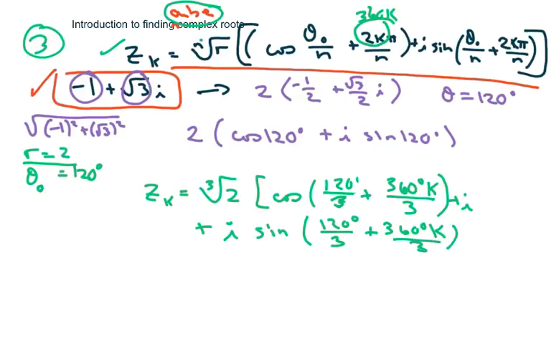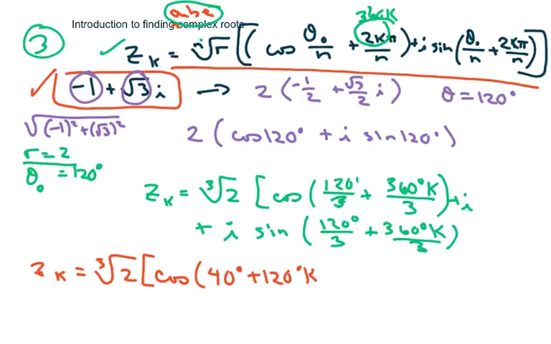And when you simplify that, you're going to get z_k equals cube root of 2 times, let me move this over, cosine of 40 degrees plus 120 degrees k, plus i times the same thing, sine of 40 degrees plus 120 degrees k.